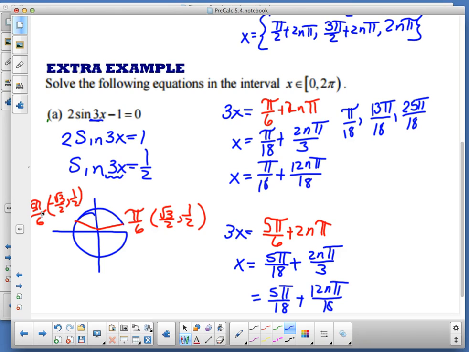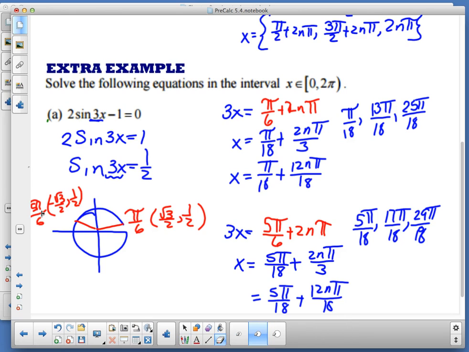And now in the next section, I'm looking at the idea of 5 pi over 18, and I'm going to add 12 pi over 18s until I get to or past 2 pi. So 5 pi over 18 plus 12 pi over 18 is 17 pi over 18, then 29 pi over 18, and if I go one more, that becomes 41 pi over 18, which is more than 2 pi.